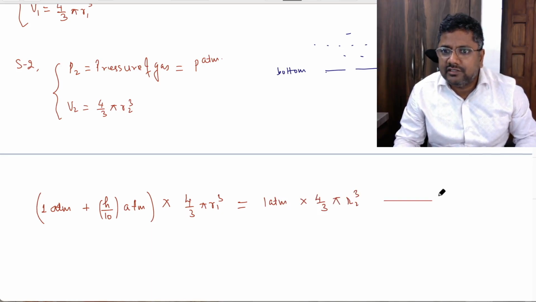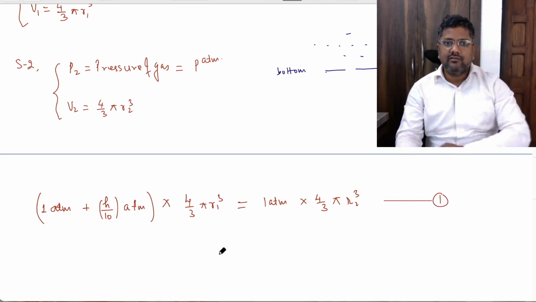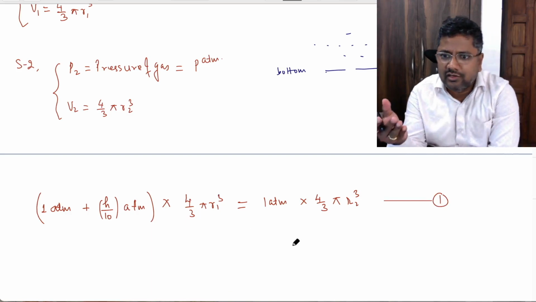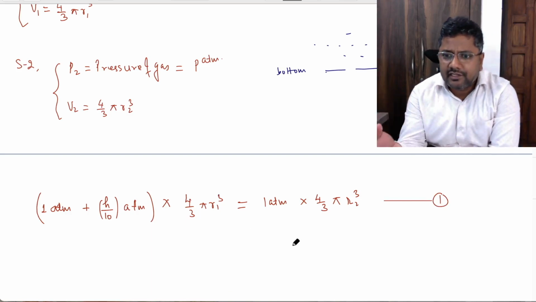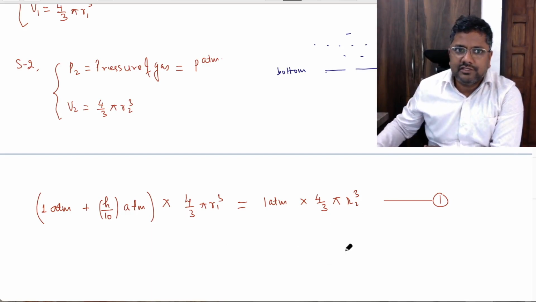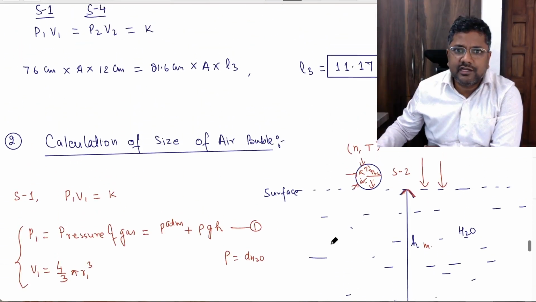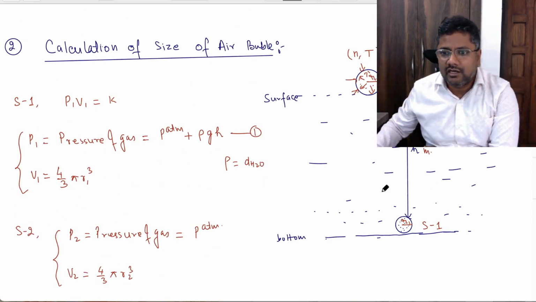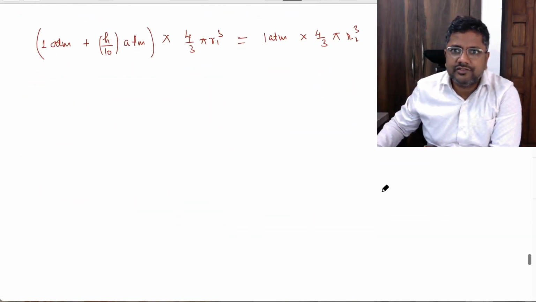By using this equation, you can calculate R1 or R2, or directly the volume, radius, or diameter. So this is another application, the second application: size of an air bubble at different hydrostatic levels, right?